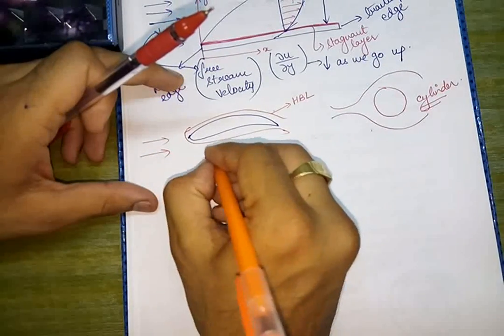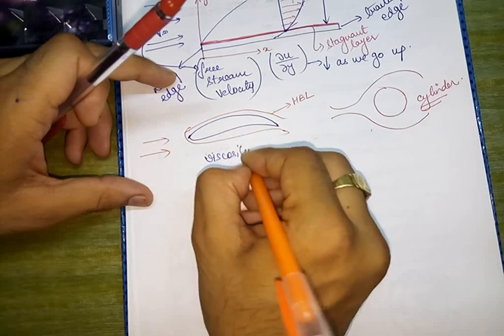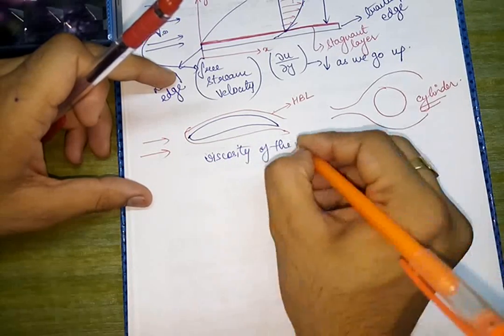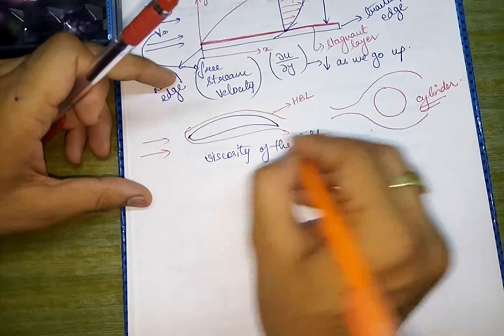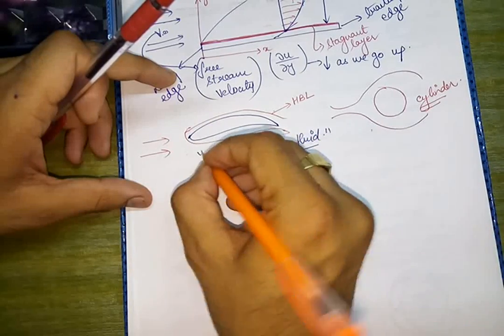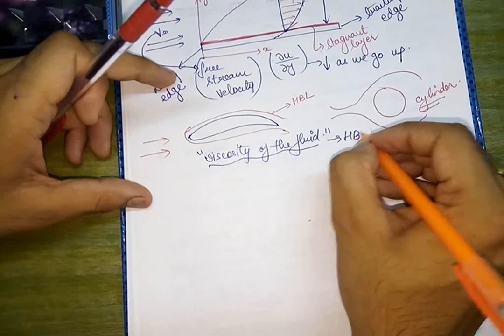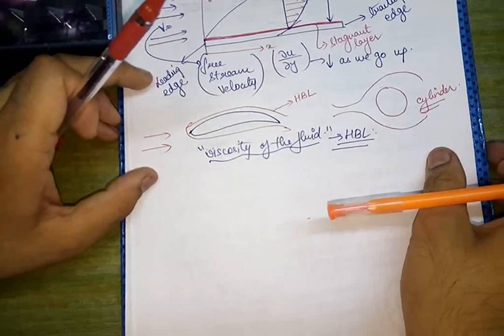Okay, now viscosity is the main or prime reason for the formation of the hydrodynamic boundary layer. Please note that viscosity of the fluid is the main reason for the formation of the hydrodynamic boundary layer.